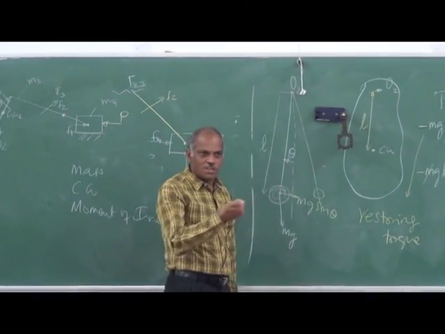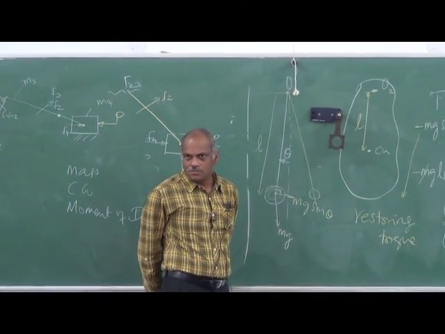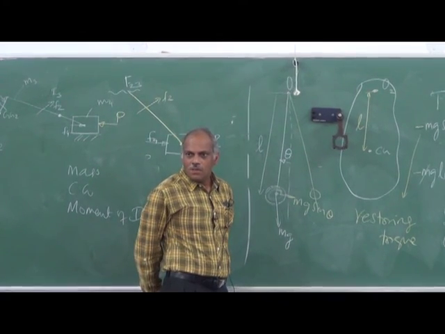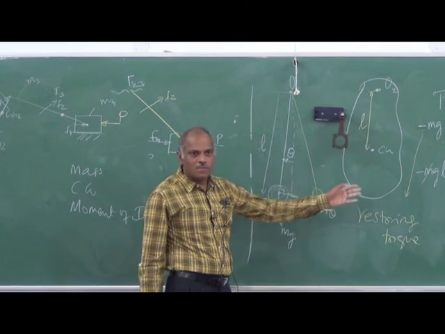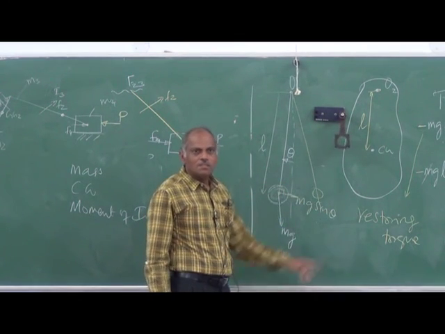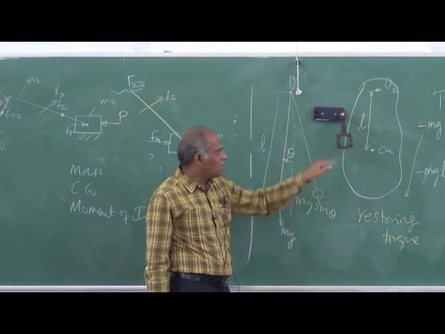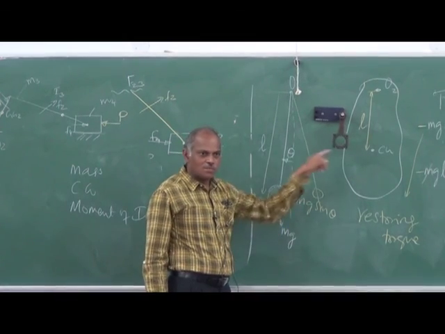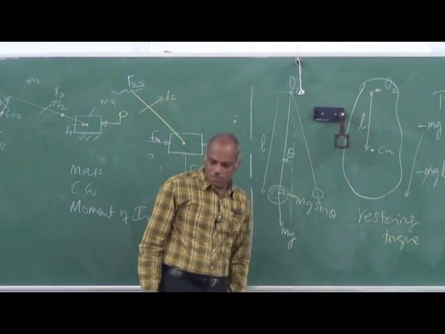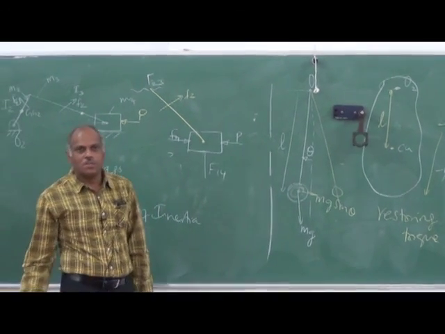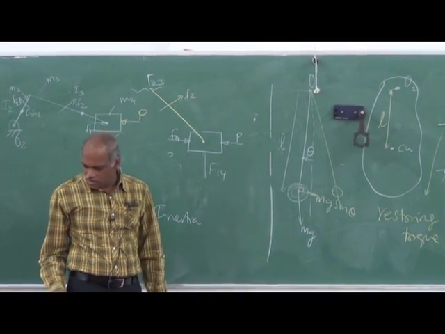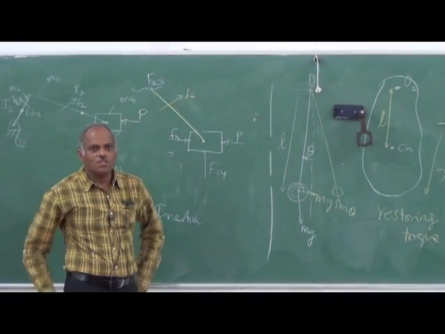You give a displacement and measure it. Using the parallel axis theorem, you can find the moment of inertia of this connecting rod when it passes through the center of gravity. That is the additional information required for your calculations.